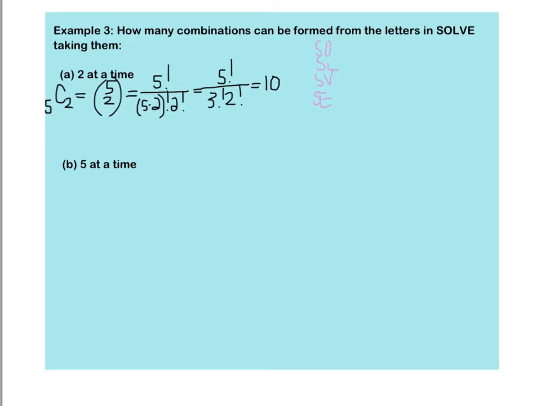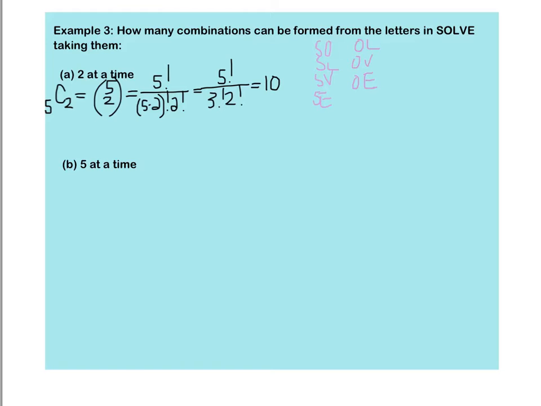For example, SO would be the same as OS, so I'm not going to list the other order. Order doesn't matter. SL is the same as LS. I don't care about order. Then we could group O with everything. We already grouped O with S, so we'll group O with L, O with V, and O with E.